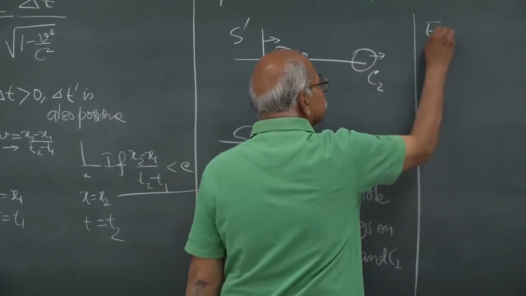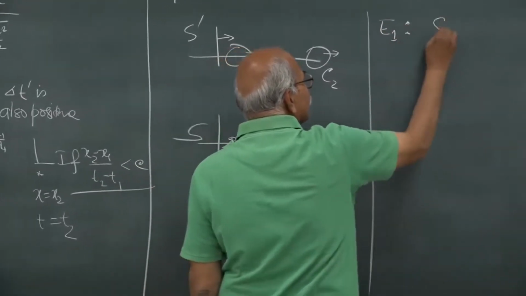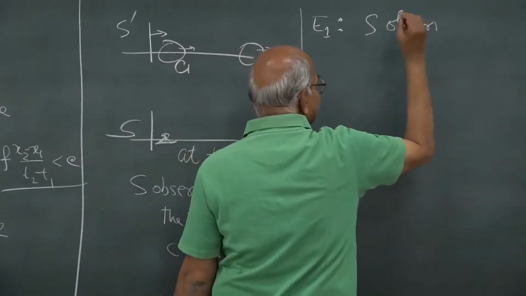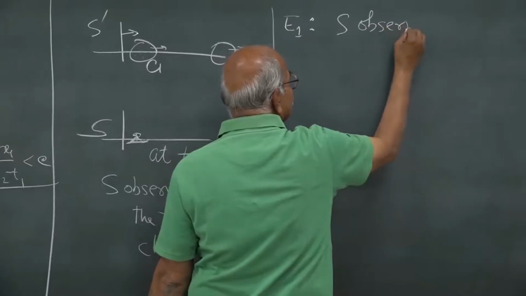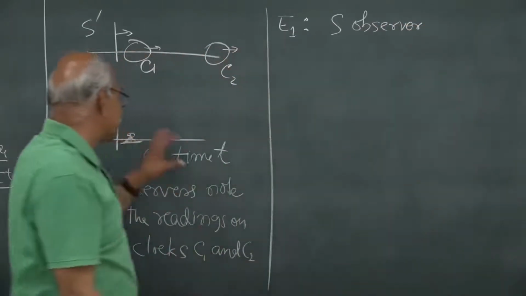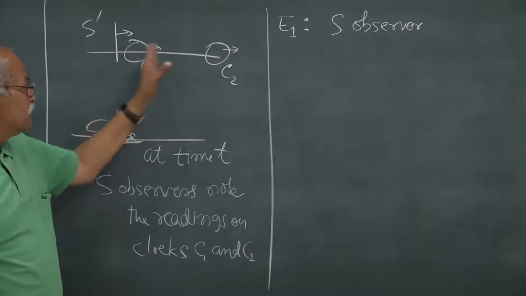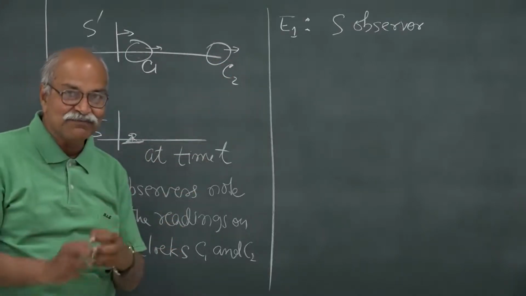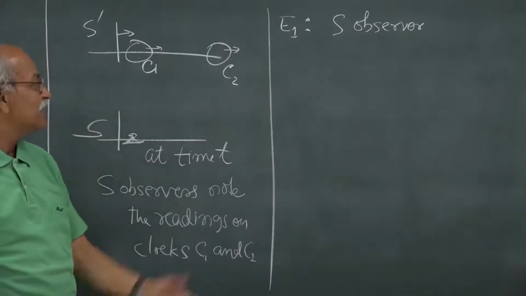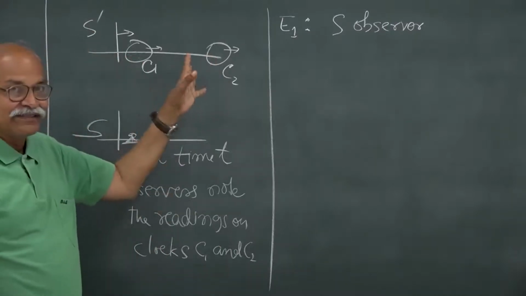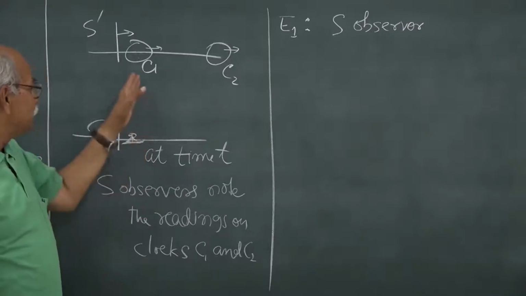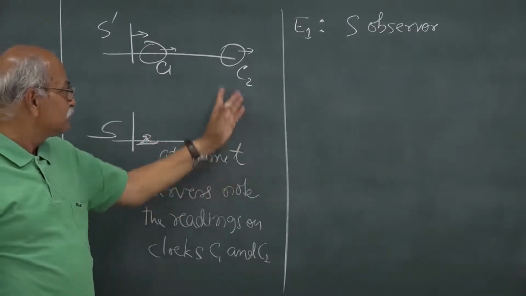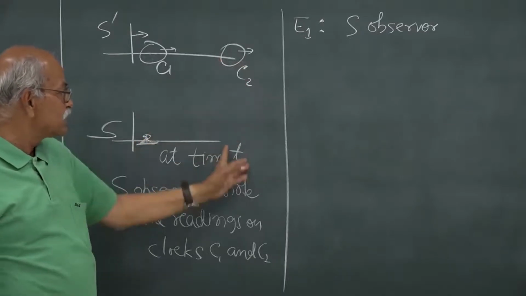E1, S observer. There are several observers, some observer, because these events are occurring at different places. So, a legal mechanism has to be devised to look at these two at the same instant. One possibility is that this observer is ready, this observer is ready, and when the clock comes to him, he measures the time here.